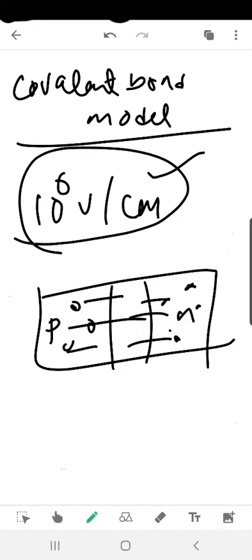As a result, the total electric field strength in the junction will increase, and this electric field will push the electrons from the n side to the p side, and the holes from the p side towards the n side, and the electrons and holes will cross the junction. This will result in an increase in current. So we will say that if doping is increased further, our reverse current will be increased further.